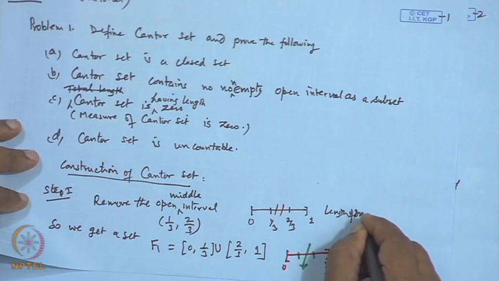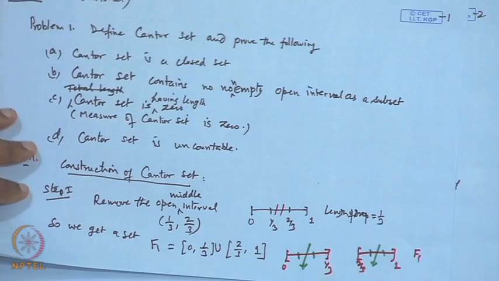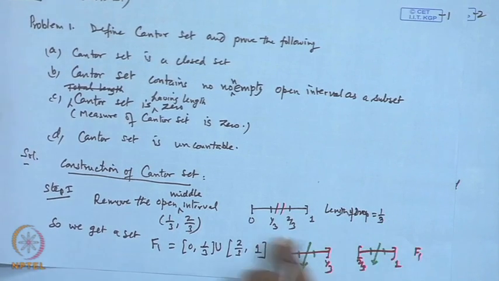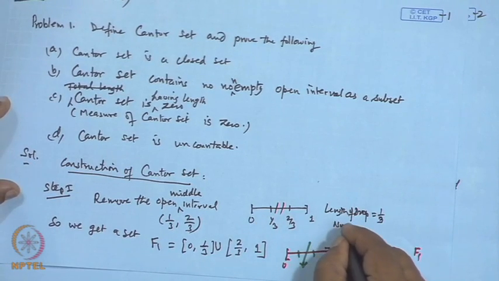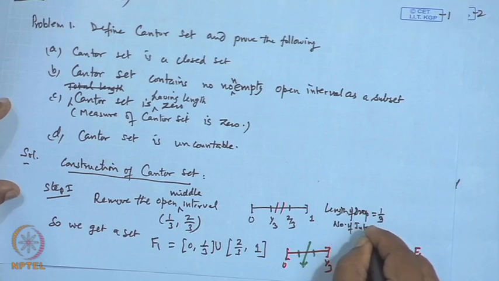What is the length of the dropped interval? It is 1/3, and here only one interval is dropped.